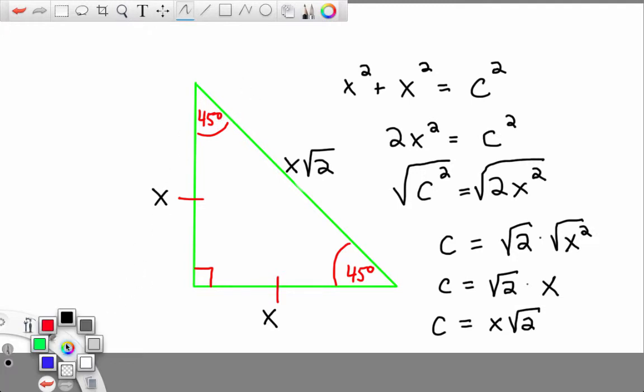So just to jot down a few simple examples, let me draw a 45, 45, 90 here, and I will do another one here.